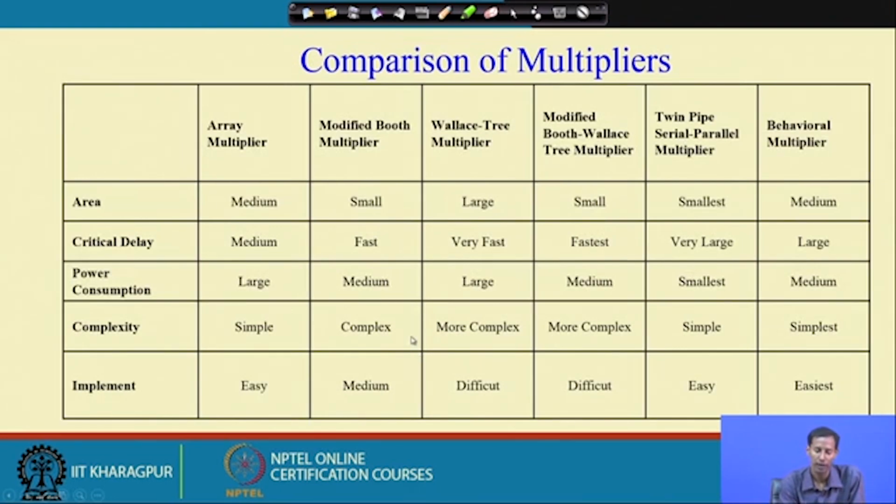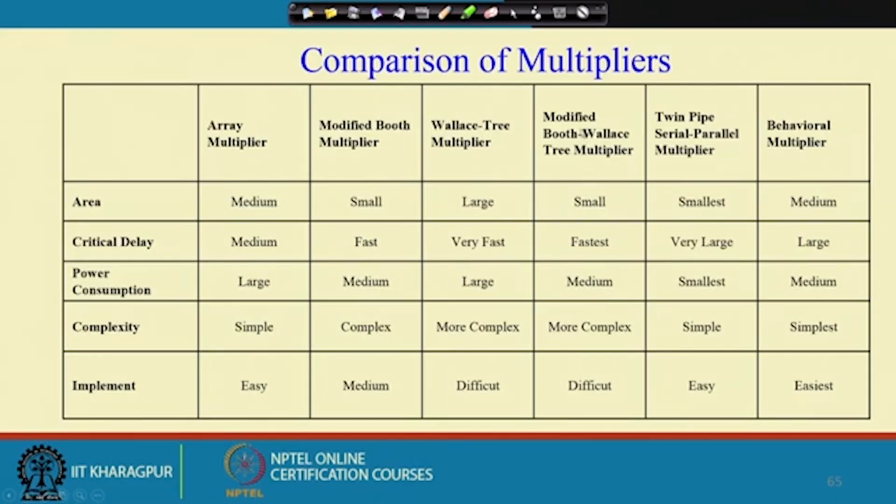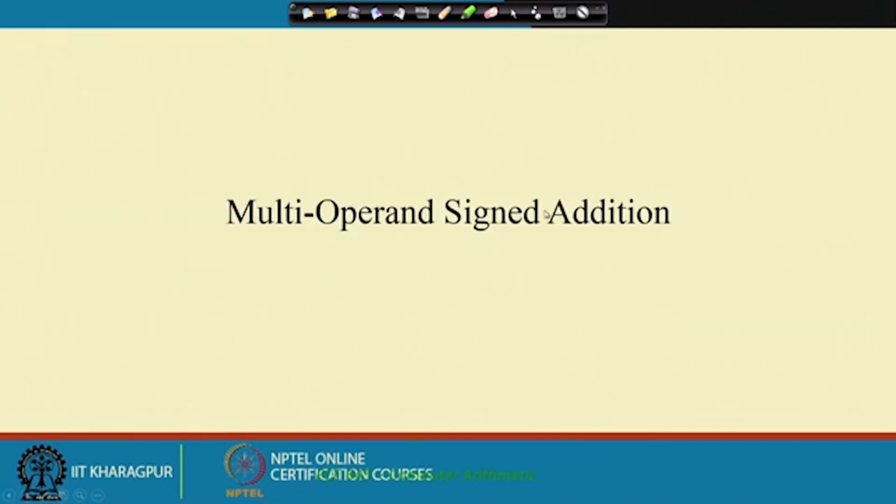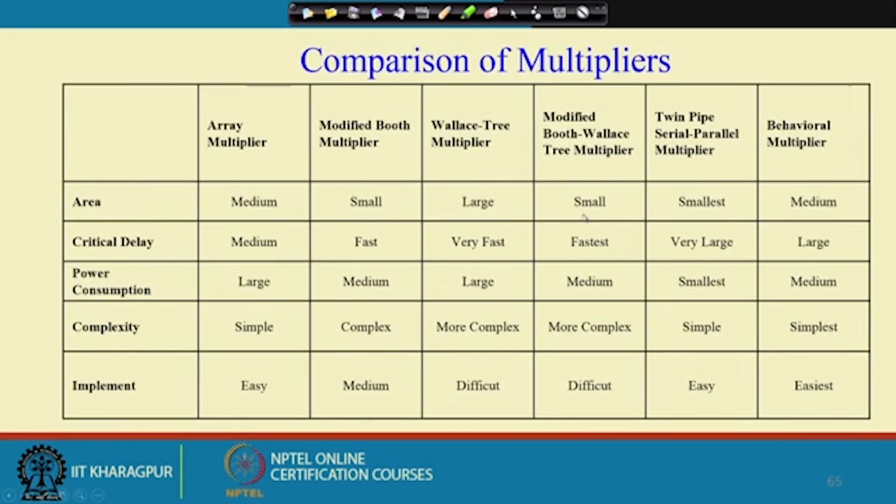In the overall overview, area-wise the modified Booth and Wallace multiplier is small, and delay-wise this is the fastest. Power consumption-wise the smallest is the parallel one, but its delay is much higher. So on the power side also we are getting much more savings in this hybrid architecture.